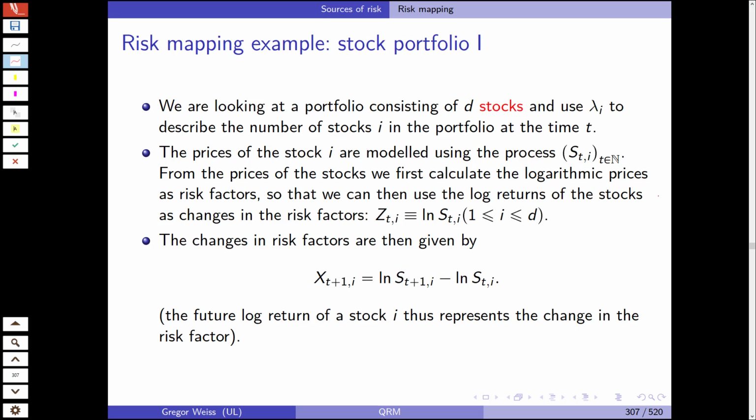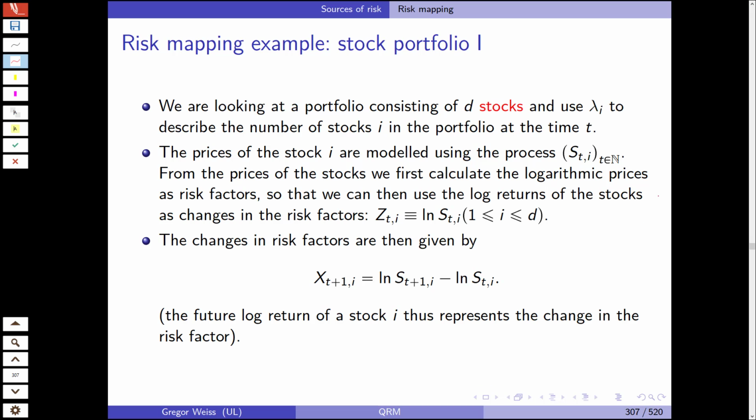Now we have three examples for risk mappings, and because we've already been quite quick in this lecture, I would ask you to look at these three examples at home and try to understand what is done here and concentrate on the risk factors and the risk mapping.